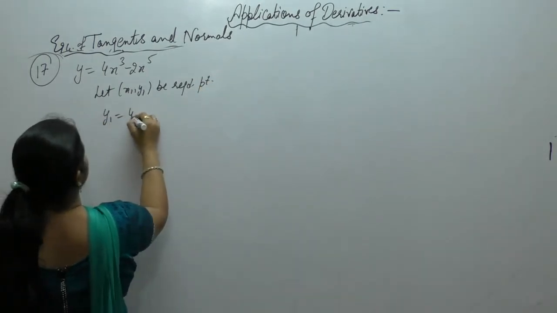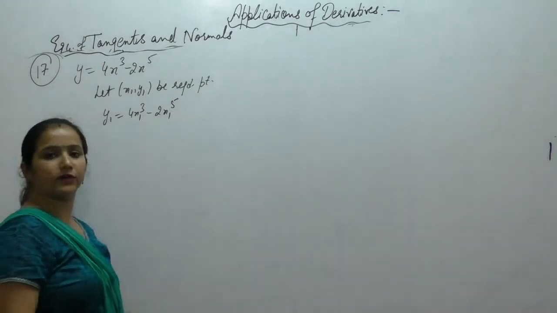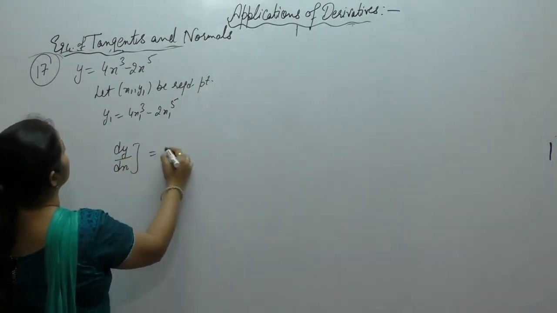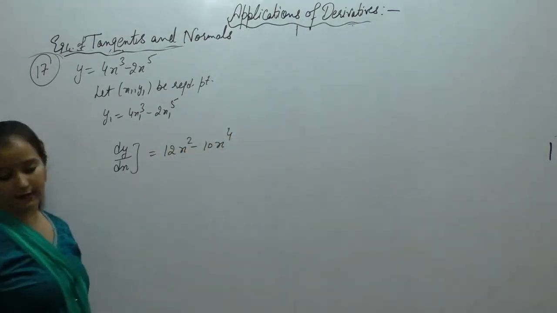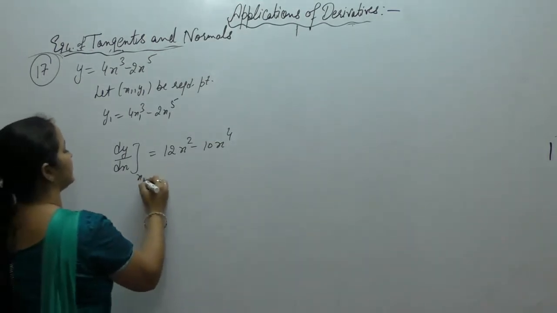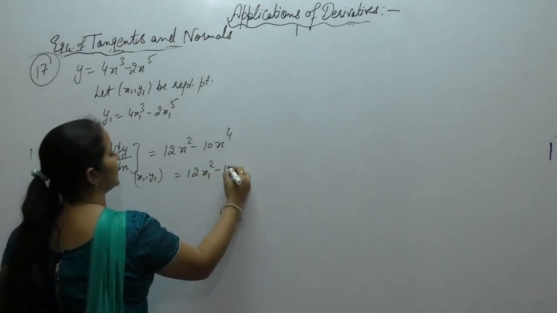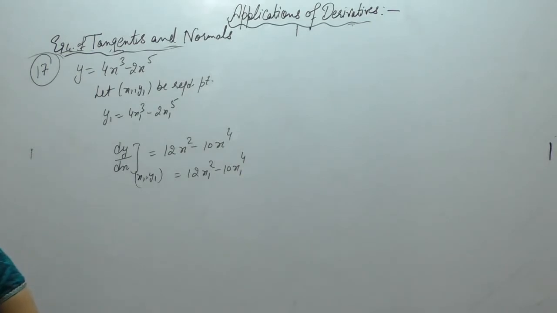Then y1 is equals to 4x1 cube minus 2x1 power 5. Now differentiate with respect to x. 12x square minus 10x power 4. Value of this at point x1, y1 will be 12x1 square minus 10 x1 power 4.